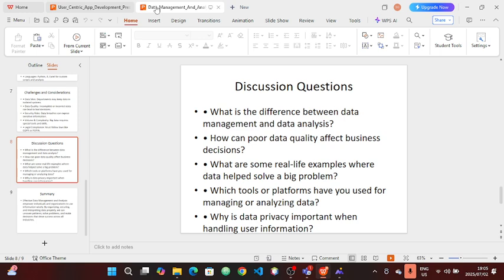What are some real life examples where data helped solve a big problem? Okay, we're getting one answer coming in now. Okay, no problem.